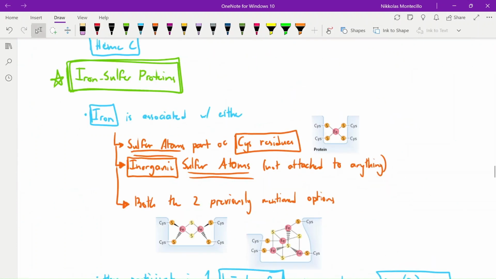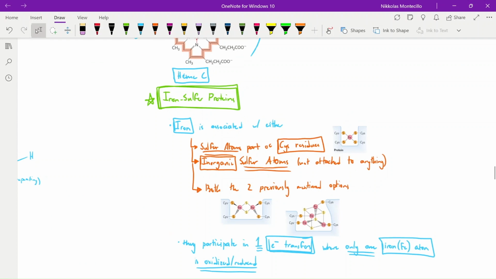Now, the last form of electron carriers are the iron-sulfur proteins. So iron is associated with either the sulfur atoms which are a part of the cysteine residues, or they're associated with inorganic sulfur atoms that are not attached to anything. And the last option is that iron could be associated with both sulfur atoms that are a part of cysteine residues and inorganic sulfur atoms, as shown here in this diagram.